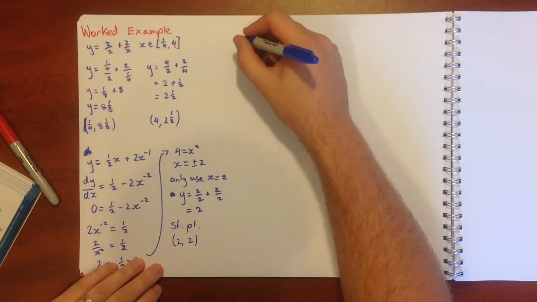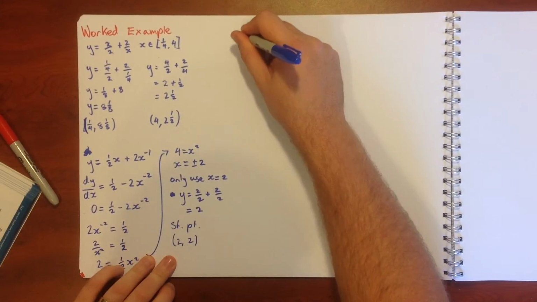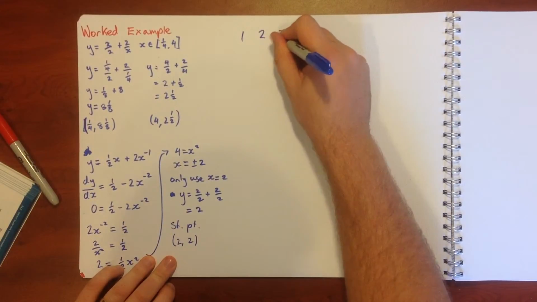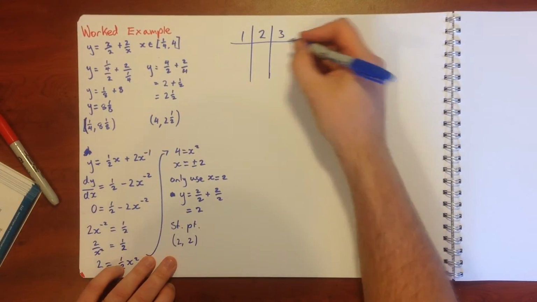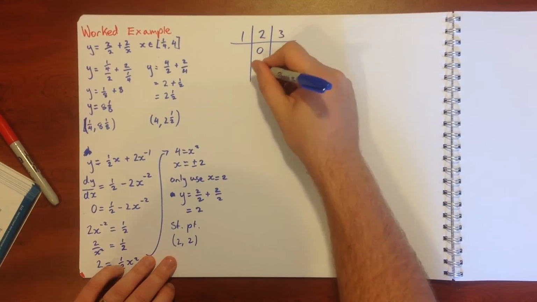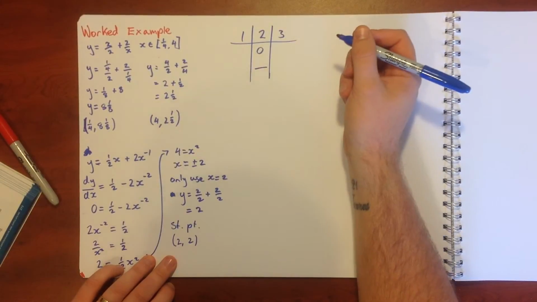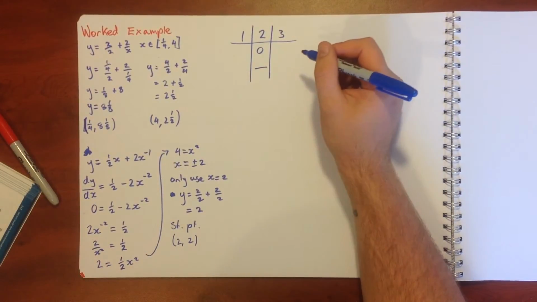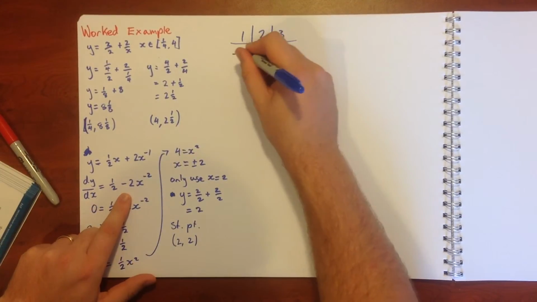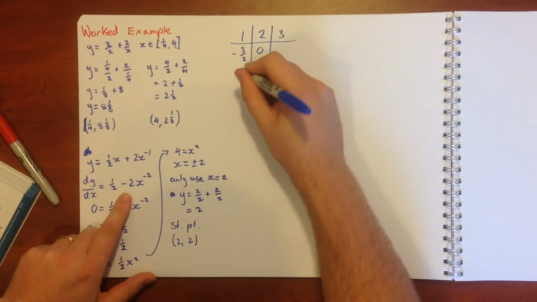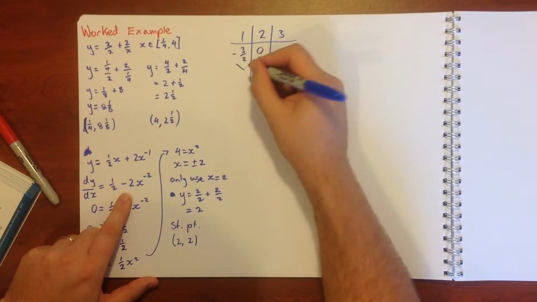So we need to set up a gradient table. Now we're at 2, so we may as well choose 1 and 3. We know at 2 it's 0, just a horizontal line for that bit. Now we need to sub 1 into our derivative function. When we do that, we get minus 3 on 2, which we know is negative.